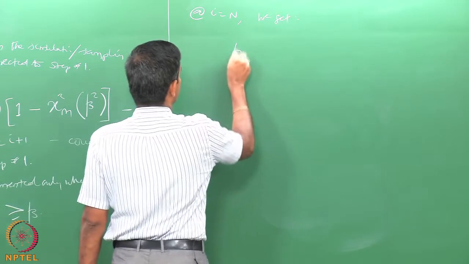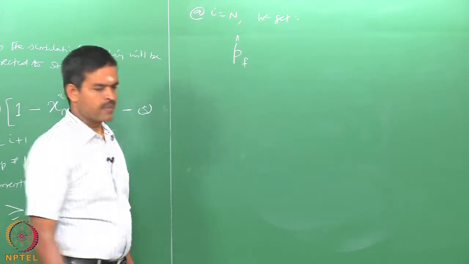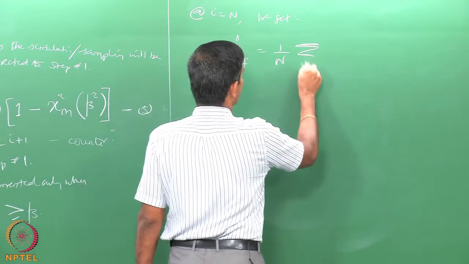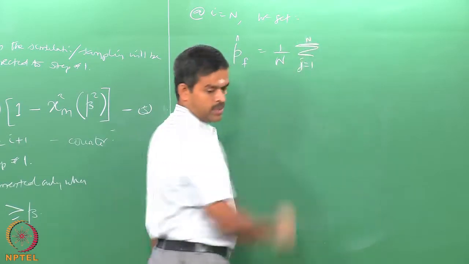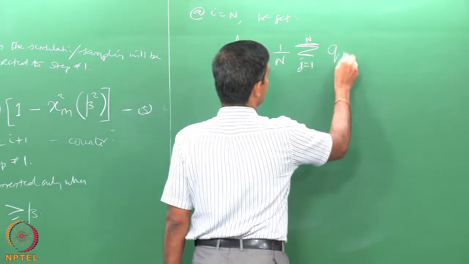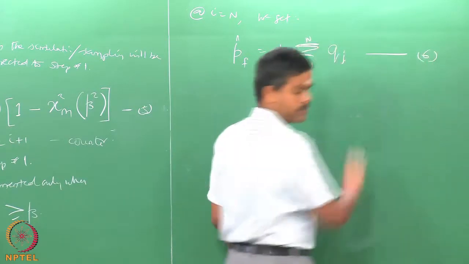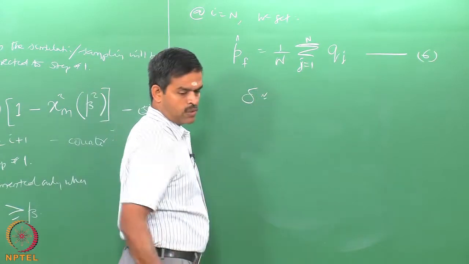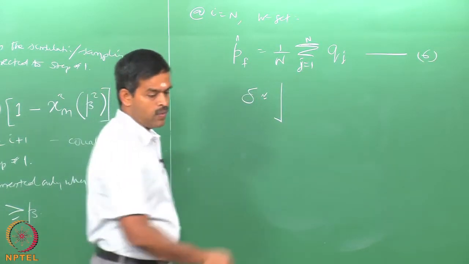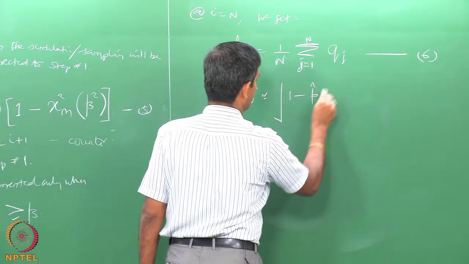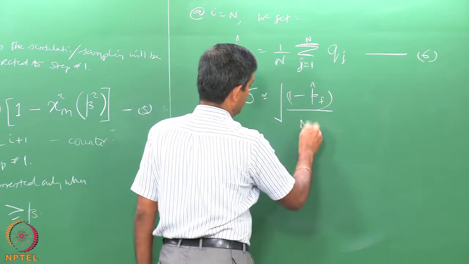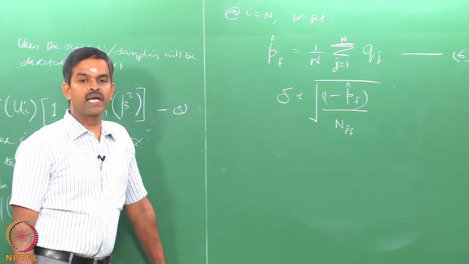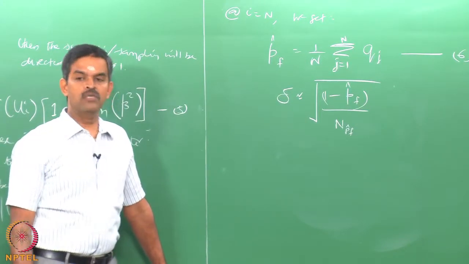we get probability estimate as 1 by n summation of j equals 1 to n Qj, equation number 6, and delta function will be approximately equal to 1 minus probability of failure by n probability of failure, where delta is used to set the target to either stop or to continue the simulation.